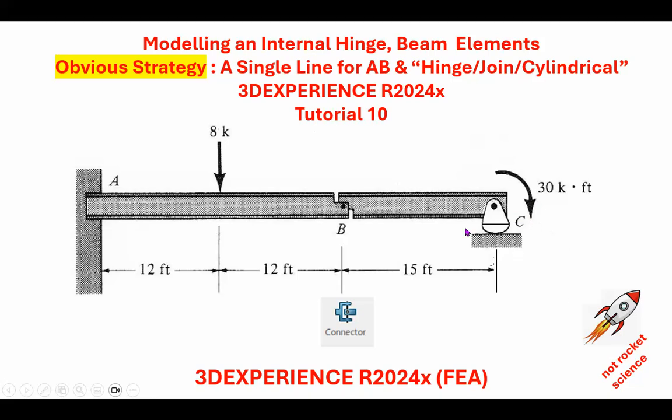Now, I call this thing the obvious strategy because what I'm going to do is basically model AB as one line, and proceed with that.